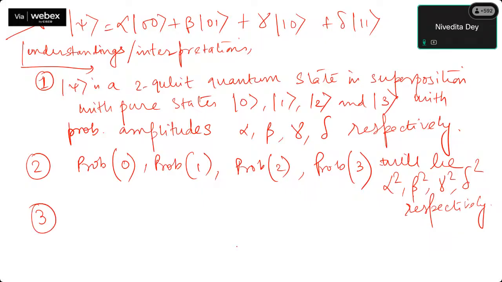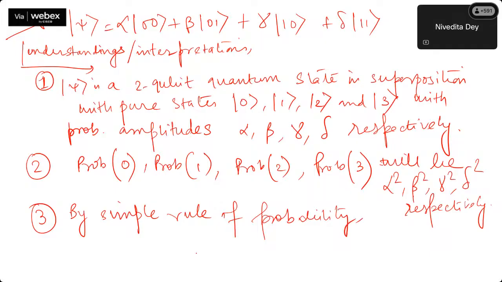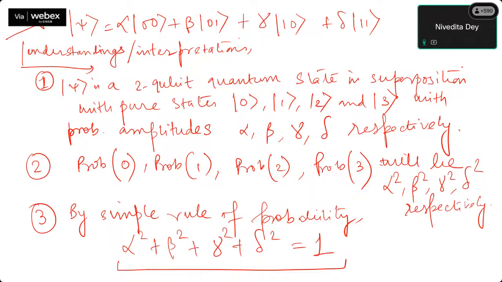The third is by simple rule of probability: alpha square plus beta square plus gamma square plus delta square has to be always equal to 1, right? What is the fourth rule?